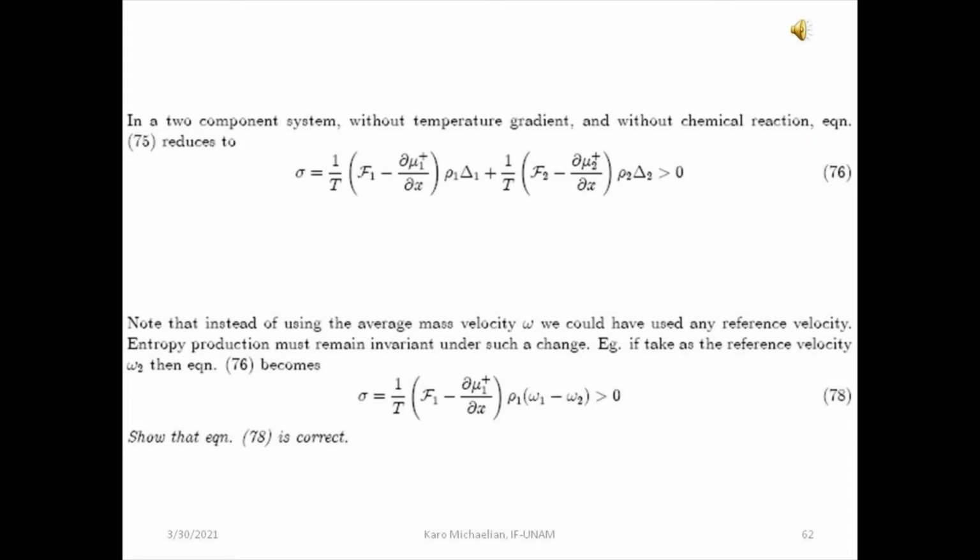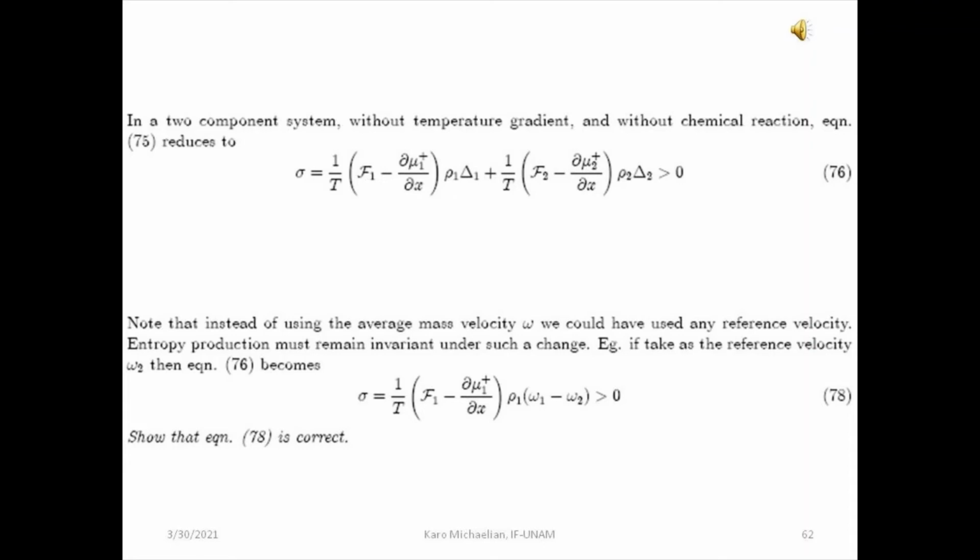Note that instead of using the average mass velocity omega, we could have used any reference velocity. For example, if we had chosen velocity omega 2, then the entropy production becomes this equation, which is equation 78.